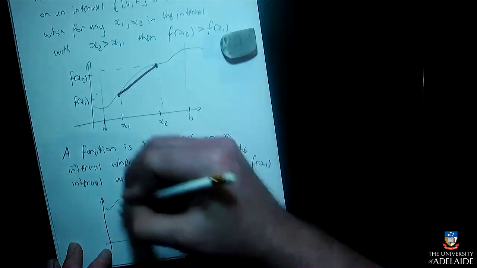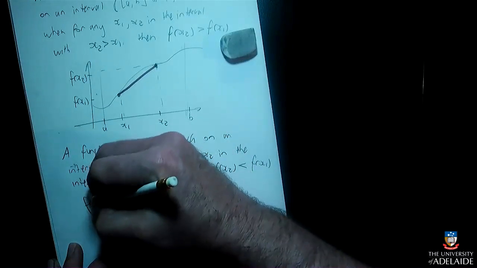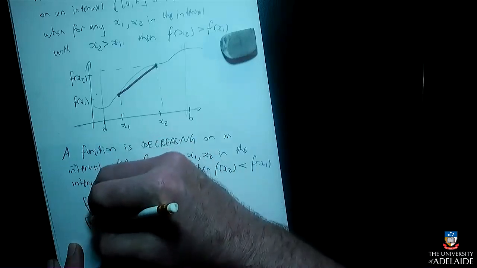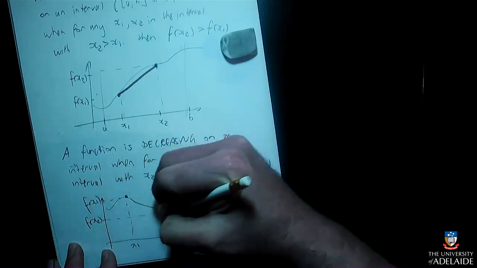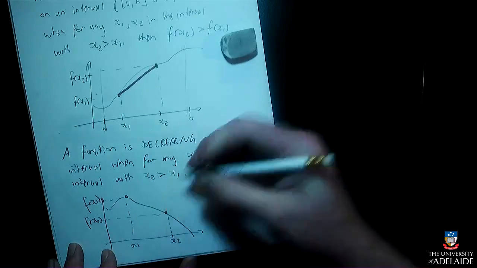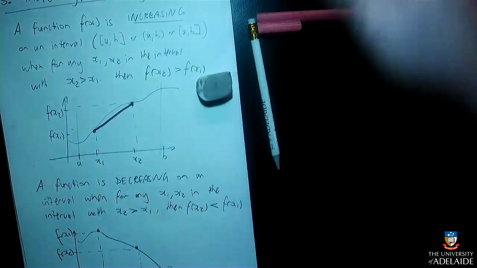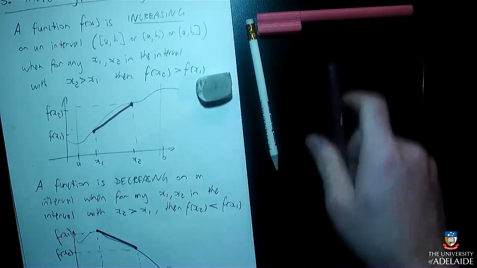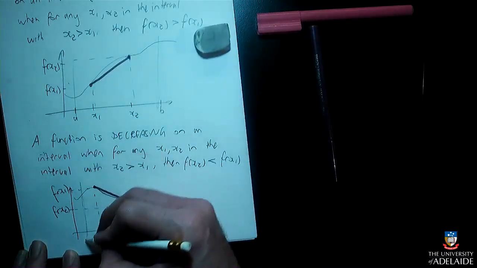So there's my x1, and there's f of x1, and there's my x2, and the f of x2 has to be lower. And that has to be true no matter where you are in the interval. For everything in the interval, it has to be that way.